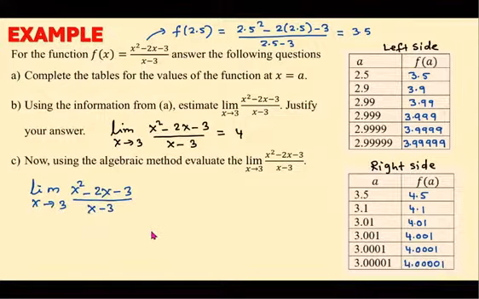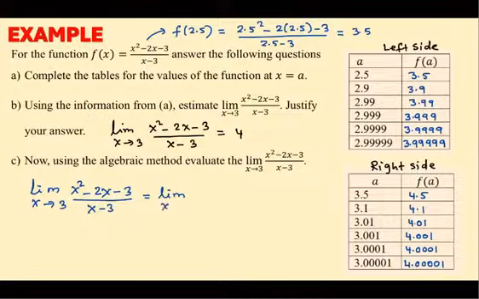Let's see what is going on here. The first step in computing a limit is trying direct substitution. If you try direct substitution here, the denominator will be 3 minus 3, which is 0, and we cannot have 0 in the denominator. So one of the techniques is to factor and cancel. Let's see if we can factor and cancel.